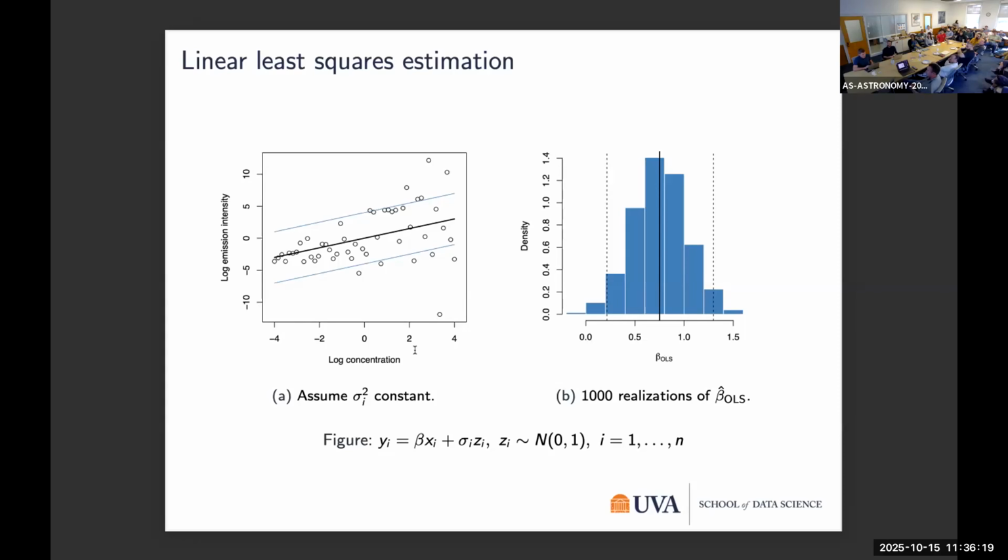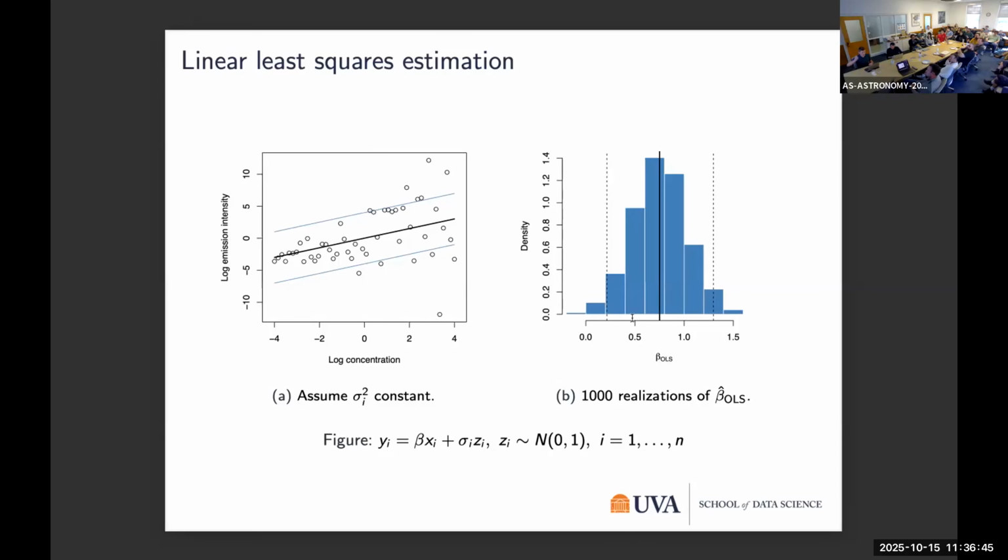As the concentration increases, so does the emission intensity. Let's assume that the variability around the central trend is constant for different values of the concentration. If I estimate the slope of this line using least squares, on the right is a histogram of the values of that slope that I'm going to get if I run this experiment over and over again.